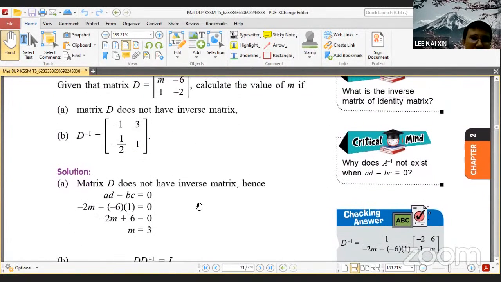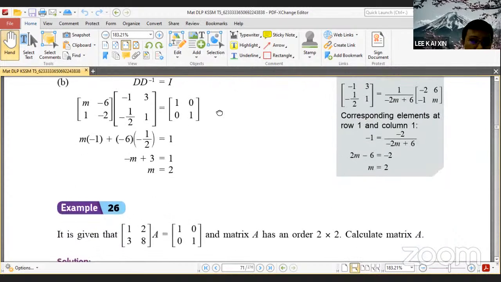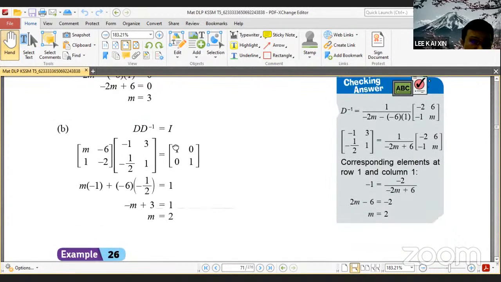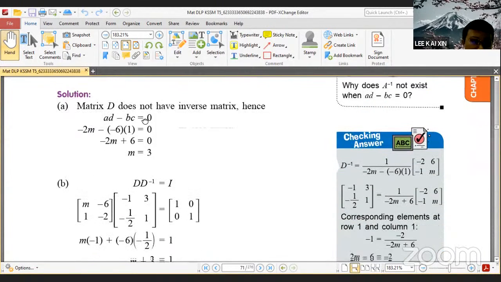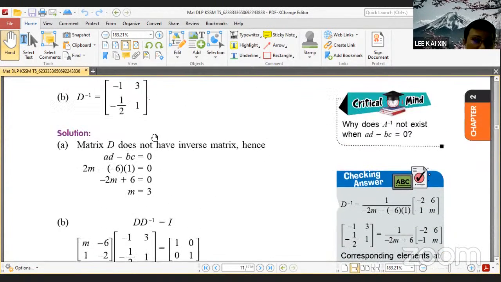So actually there are few methods for you. You can use this method, because we know that D times the inverse matrix, you get an identity matrix. This is one method.